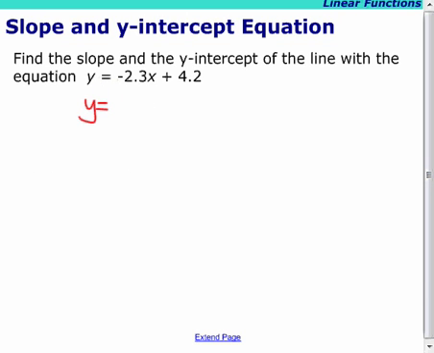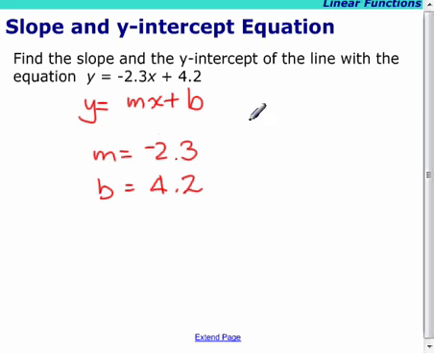If I write y equals mx plus b right below that, this is the formula for a linear function. And if I look at what's in front of x, it's negative 2.3. Therefore, the slope is negative 2.3. Also, what's in the spot of the b is 4.2. So the y-intercept for that linear function is 4.2.